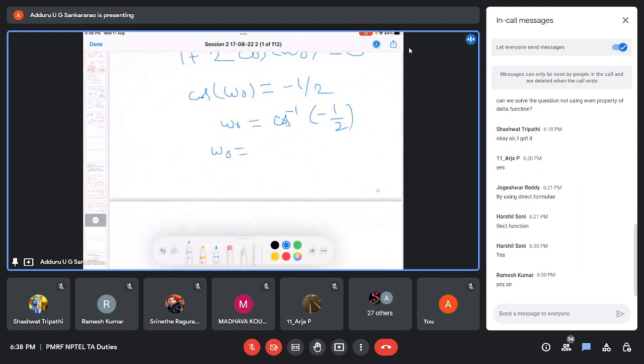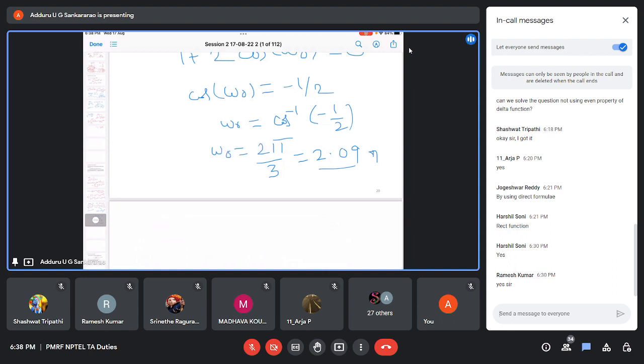So it is a fill in the blanks kind of question. 2 pi by 3 is 2 by 3 into 3.14, something like 2.09 radians.